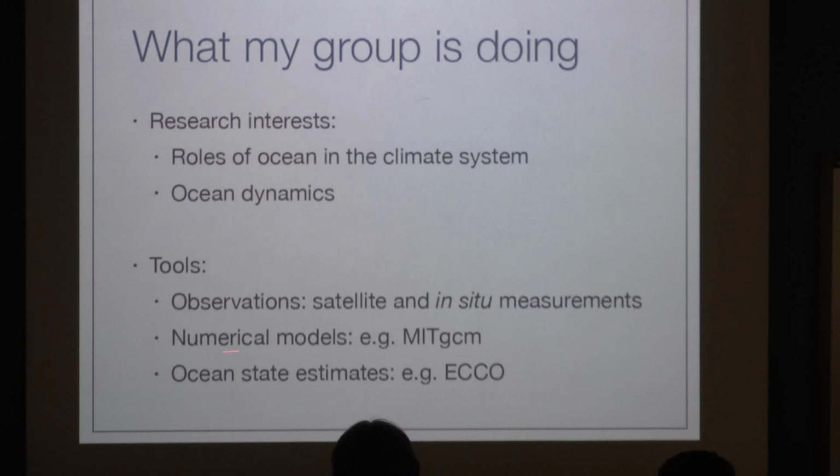Here the numerical model represents what we know about the ocean dynamics. Then you combine these two, and you get a global 3D time-evolving data set. This data set usually includes the temperature, salinity, velocity, and other diagnostics. So with this estimate, you can do a lot of things about the global scale processes.